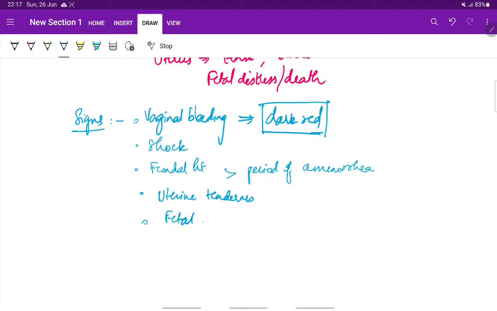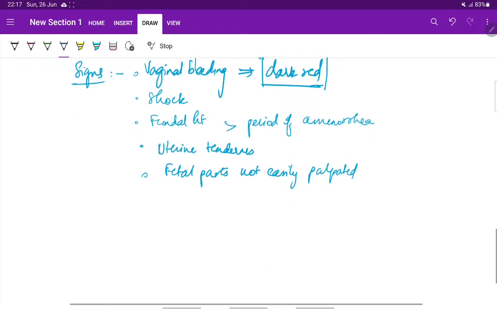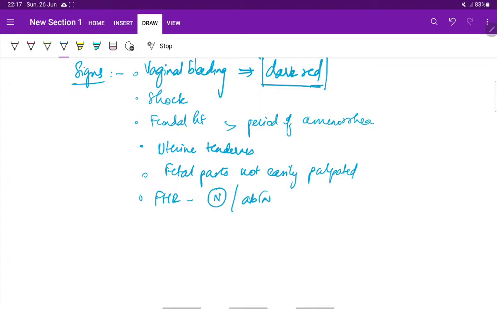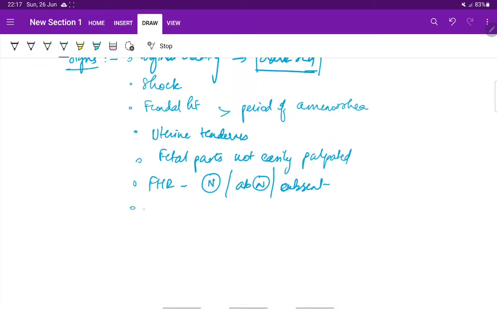Also, the fetal parts are not easily palpable. The fetal heart rate can be normal or abnormal or even absent. There will be uterine contractions.